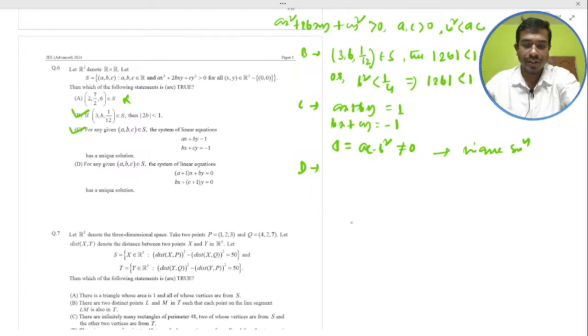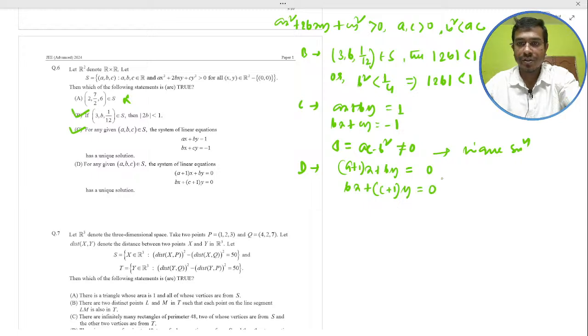Now check option D. That a plus 1 into x plus by is 0, and bx plus c plus 1 into y is equal to 0. These are two linear equations. That the del would become the determinant of a plus 1, b, b, c plus 1.